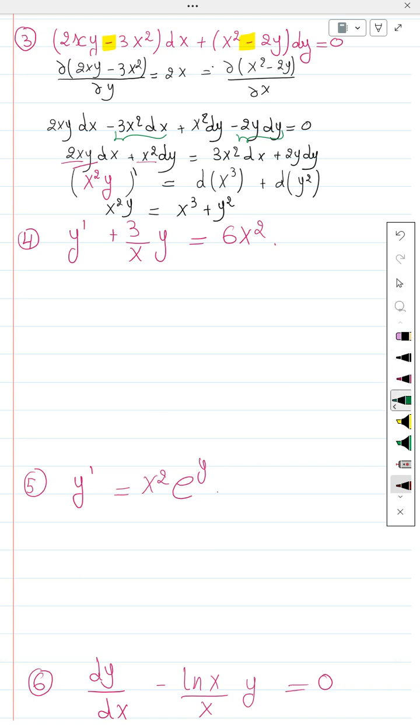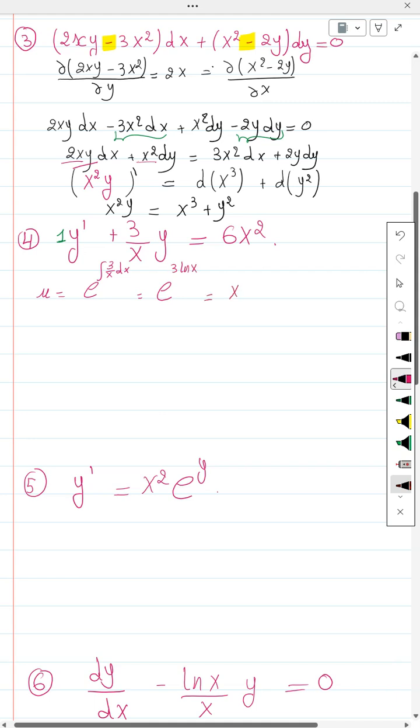With y prime by itself and something related to x, we should compute mu. Mu is equal to the exponential of the integral of 3 over x dx, so it's the exponential of 3 ln x, which is x to the power of 3.